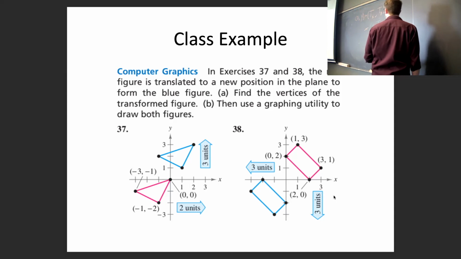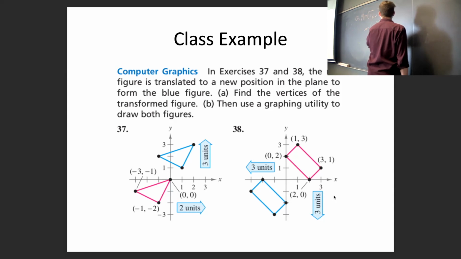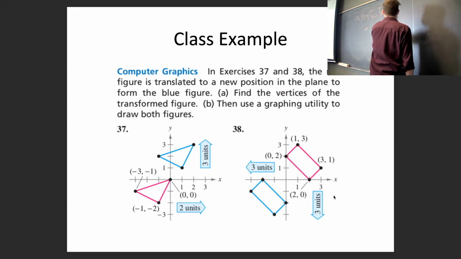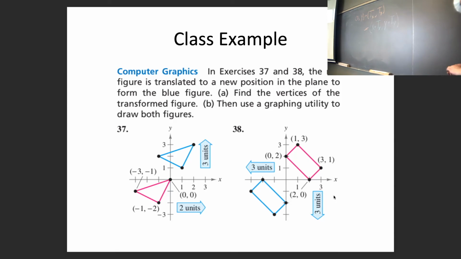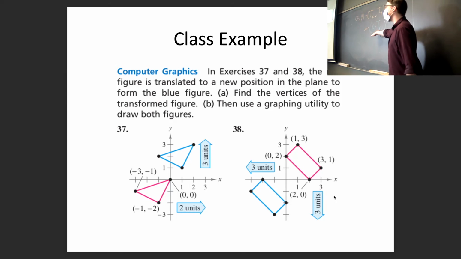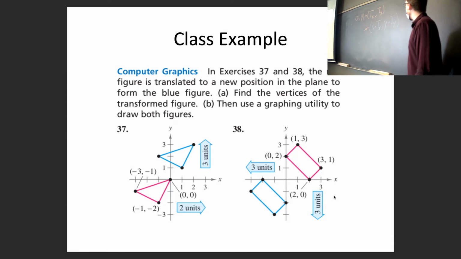It's going to be X plus TX and Y plus TY. Now notice, if we move to the left, TX is going to be negative. And if we move down, TY is going to be negative. Otherwise, they're positive, right? Makes sense?